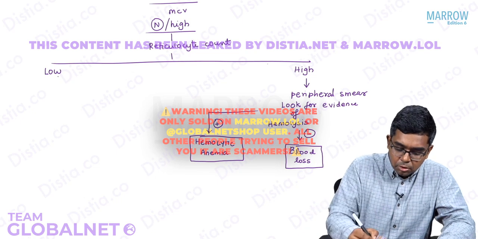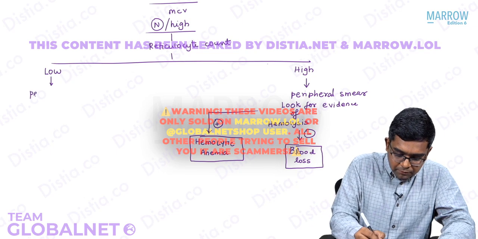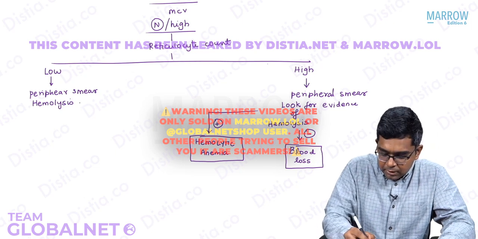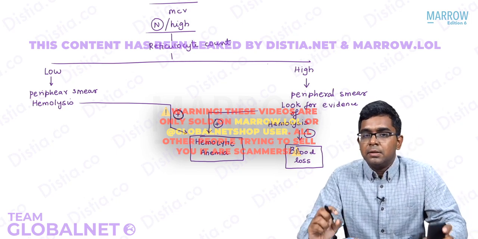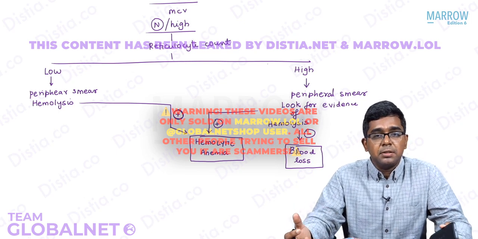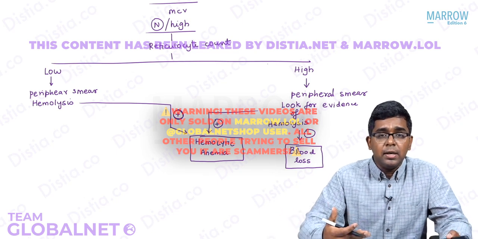Next is the approach for low reticulocyte count. Here again I have to look at the peripheral smear for evidence of hemolysis. If there is evidence of hemolysis, then I have to strongly consider hemolytic anemia. Now you may be thinking about one question: normally I am expecting a high reticulocyte count in hemolytic disorders, so why is there a low reticulocyte count in this scenario?